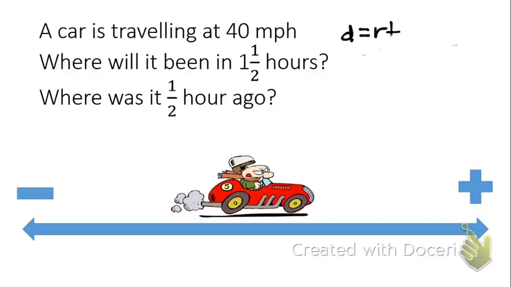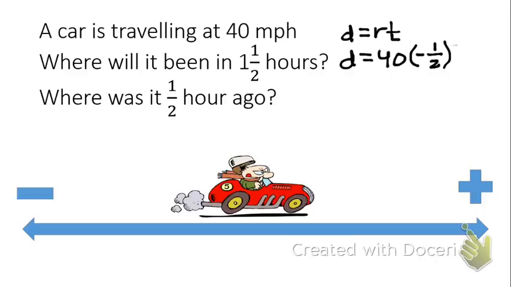Okay, now let's look at that second equation. Now we want to know where it will have been a half hour ago. Our speed is still 40 miles per hour. The time, however, since we're talking about the past, is going to be a negative.